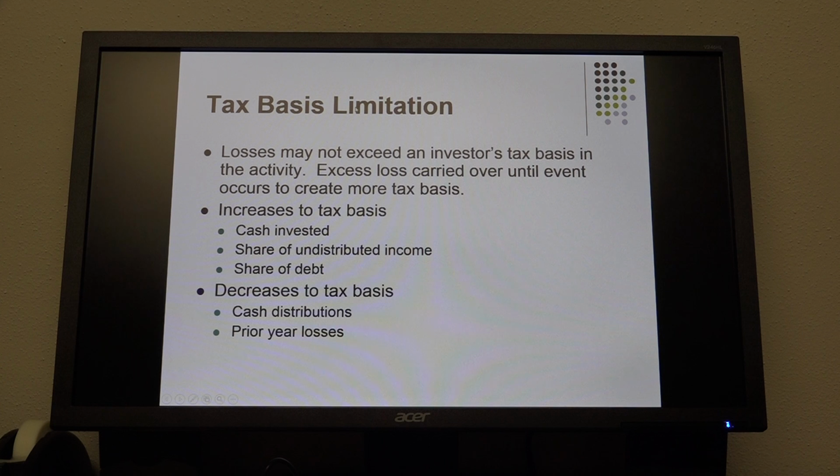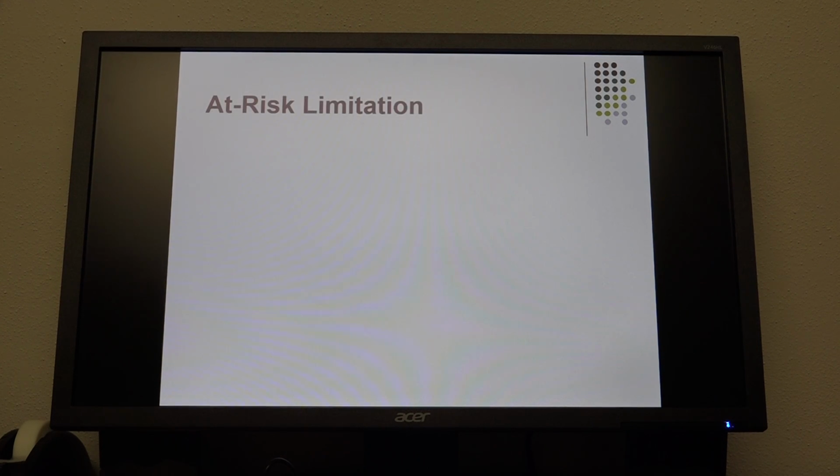Now, there are certain things that decrease tax basis. If the passive activity, such as a partnership, a limited partnership, distributes cash to the taxpayer, that's going to decrease their tax basis. And then if you have prior losses that carry over, that could decrease the tax basis. Next is the at-risk limitation.